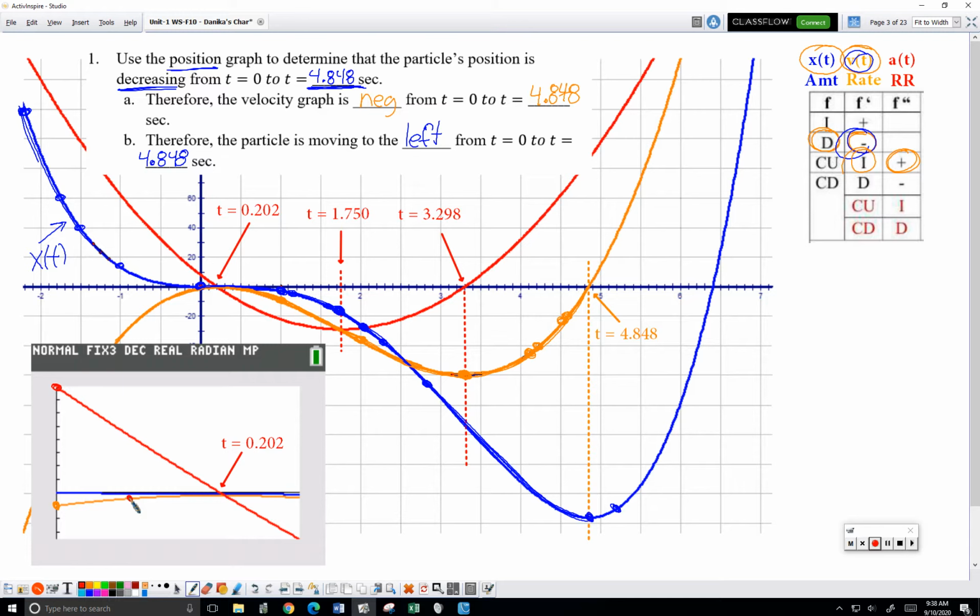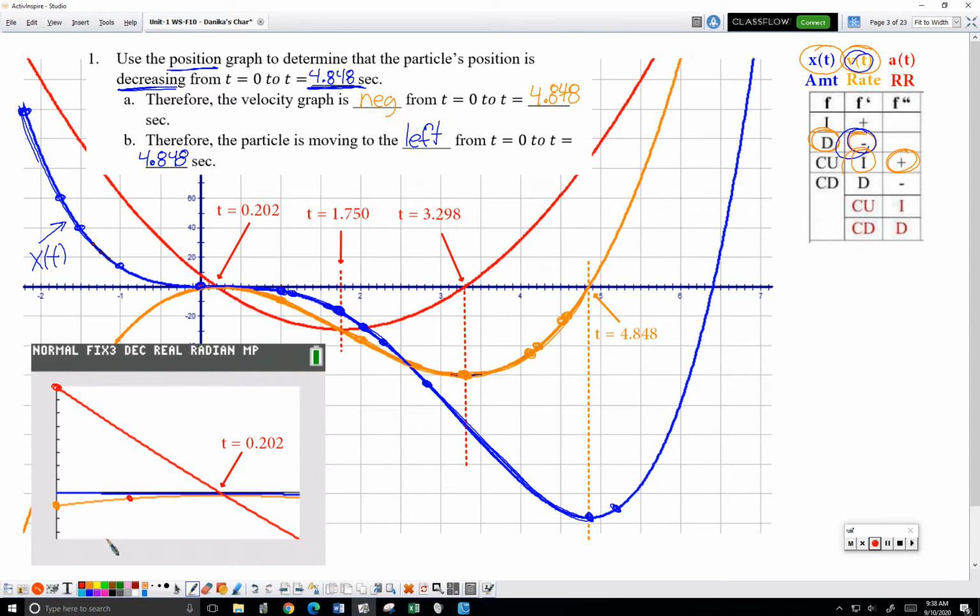Listen close. What Kayla stumbled across, and the way you asked the question was really well stated, is don't forget, we talked just a little bit about it in the gold packet. Speed and velocity are not identical. They're similar but different. So as the velocity changes from -1 to say -0.5, the speed changes from 1 to 0.5.